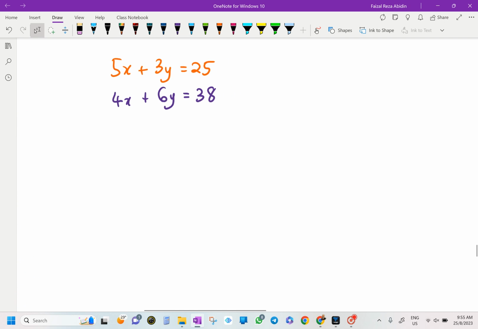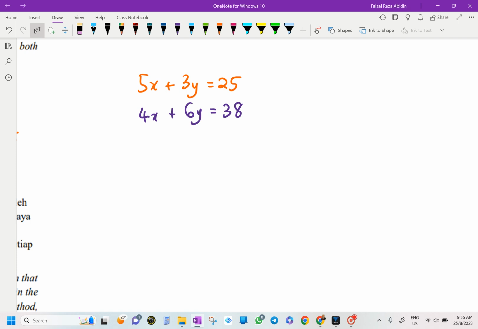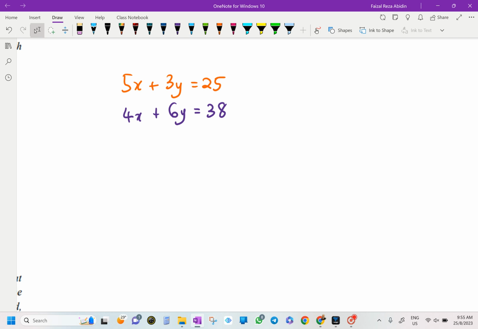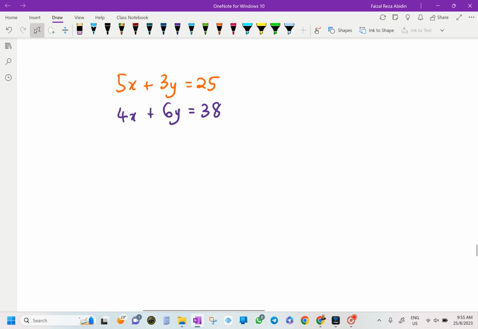So, how do we know which method we prefer to use? Are you going to eliminate or substitute? Eliminate. If you are using substitution, my advice is to make sure the coefficient of either one of the variables is positive 1, it's easier. For example, x plus y equals to something, 35 or anything.